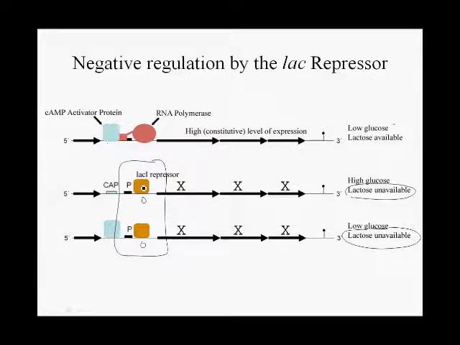So here we see LAC repressor performing its bouncer role, okay, guarding the promoter and preventing RNA polymerase from binding. So LAC repressor then is our negative regulator.